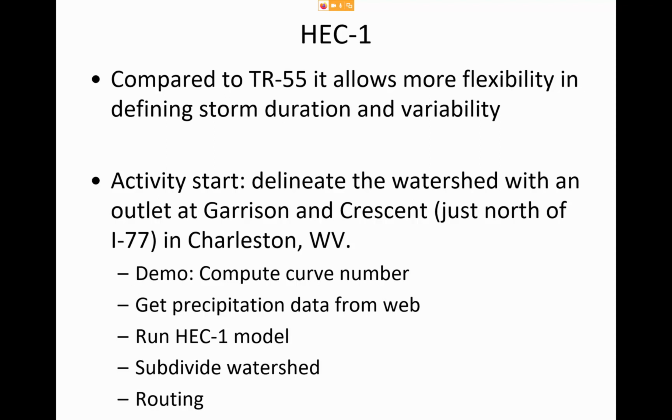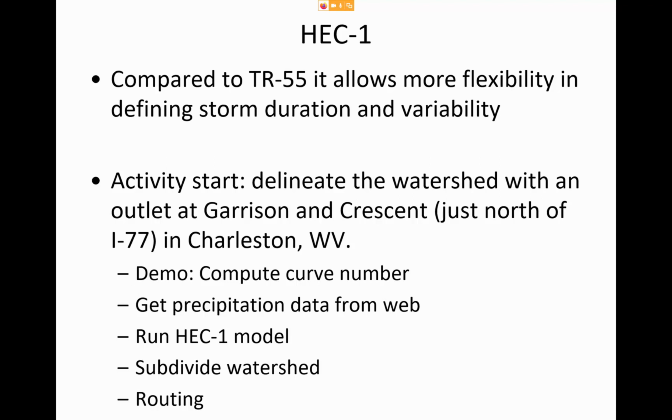The issue there is that it treats every watershed about the same in terms of land use and soil type. It only looks in West Virginia's equations at the relative area of the watershed. So it doesn't have a lot of variability across the state in terms of the types of factors it's taking into account. The issue with TR55 is that we can only put in a storm amount, and we don't have a lot of control over the temporal distribution of the rainfall.